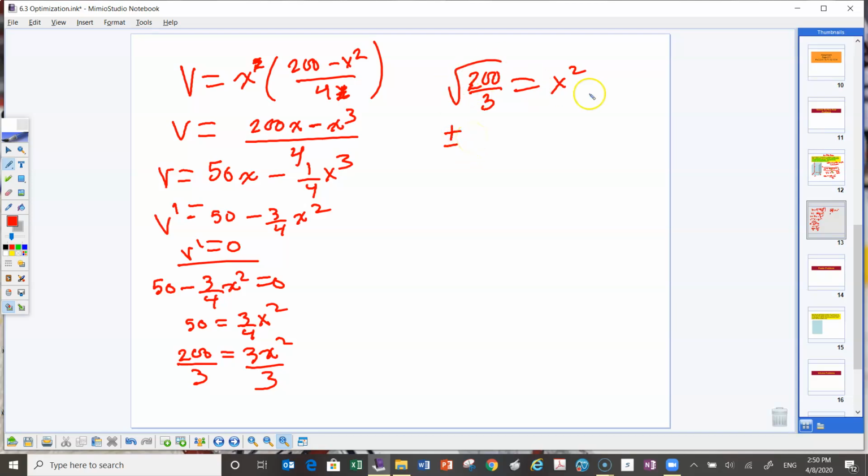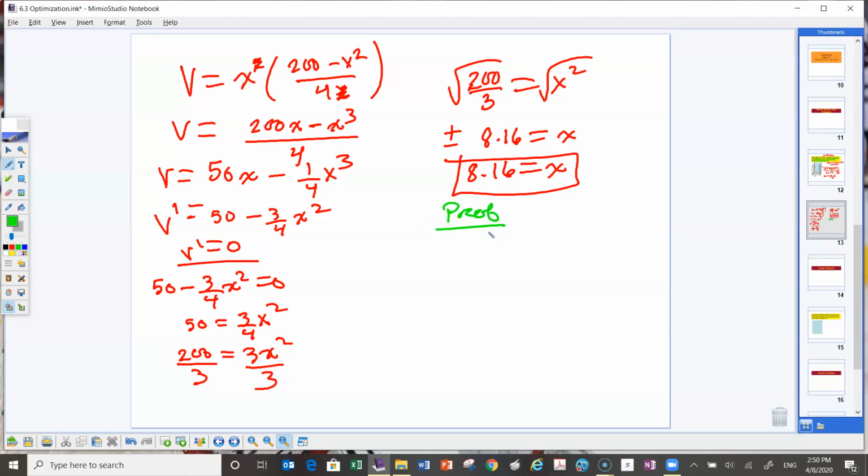Well, if I square root 200 divided by 3, I get plus or minus 8.16 is equal to x, and because x is representing a width and a length, I can only deal with the positive one. Okay, so I found x, and now I have to do my proof to make sure that it is a maximum.